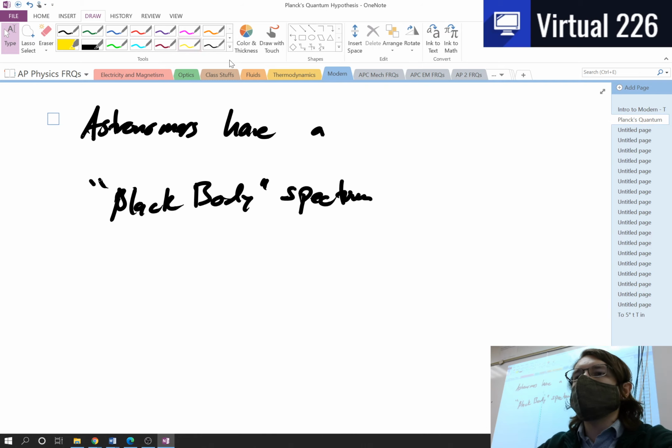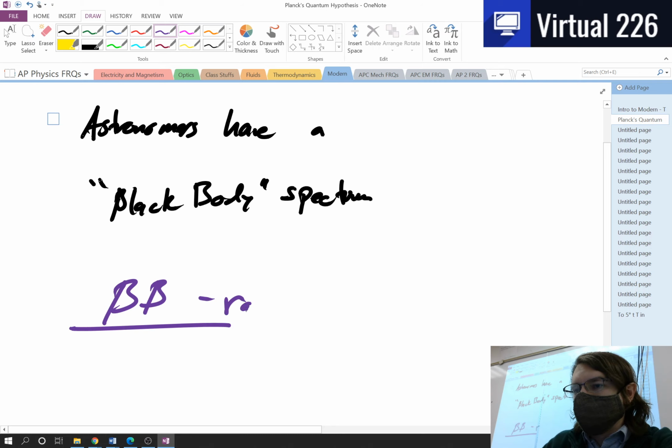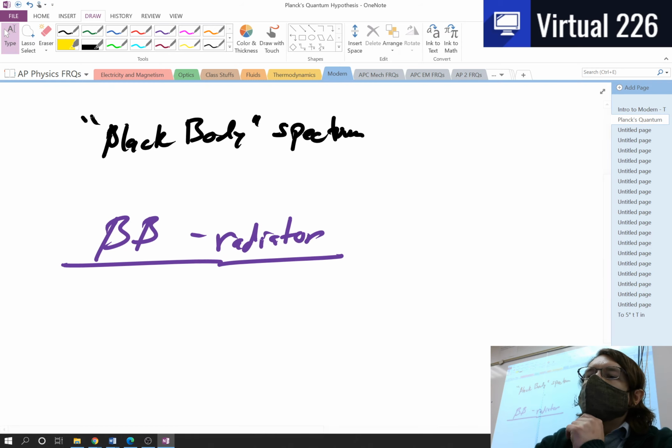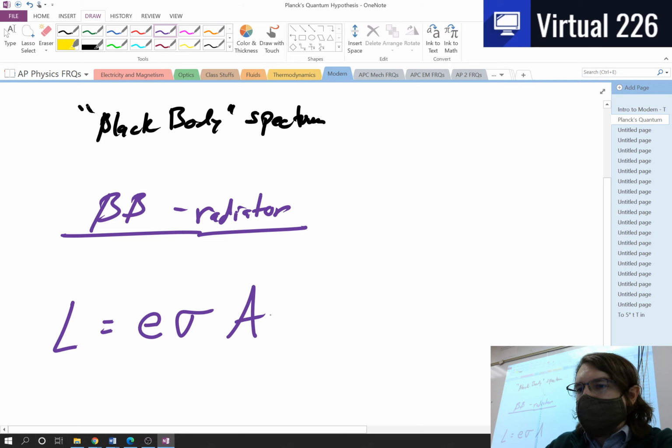So what we now know is that for a black body radiator, we can check the luminosity output or the energy output of a black body radiator from E = sigma A T to the fourth.